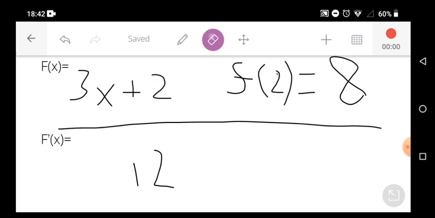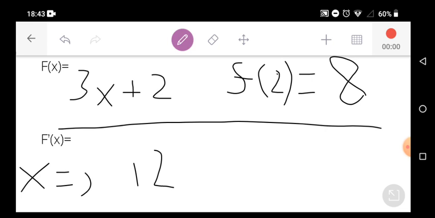There we go. And I'm just going to put in x is equal to 3y plus 2. Okay, so what I've done is I've written y equals, and I've swapped y's and x's about.